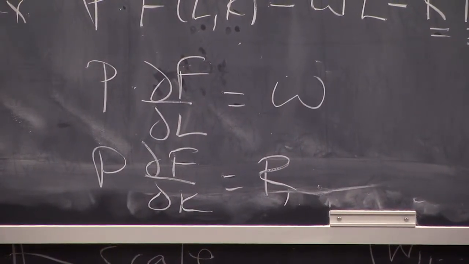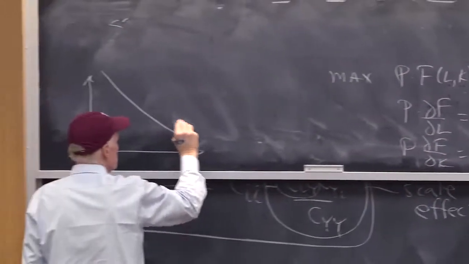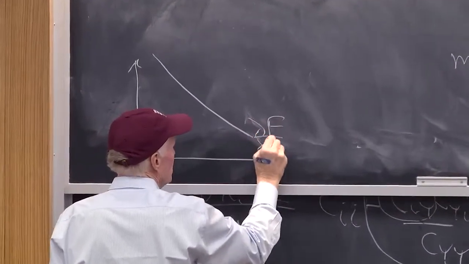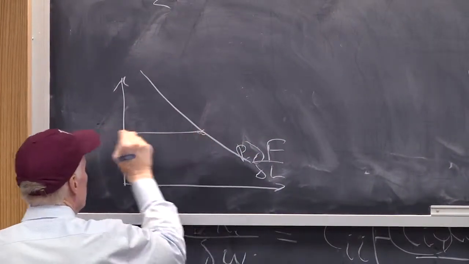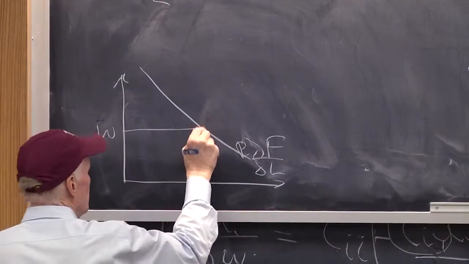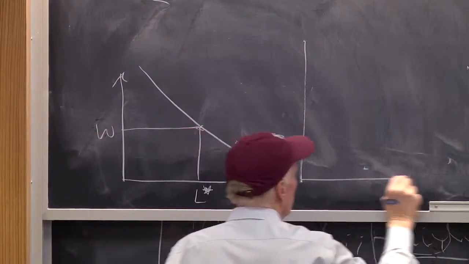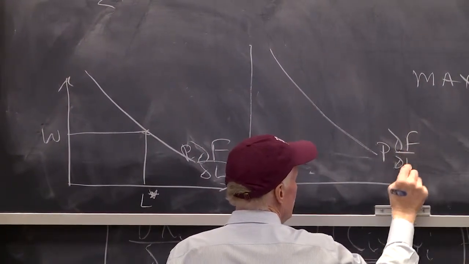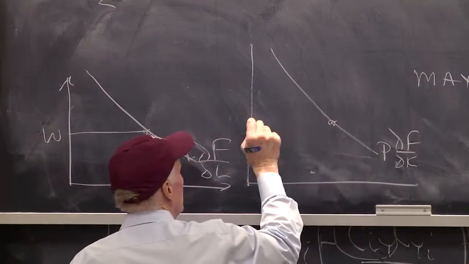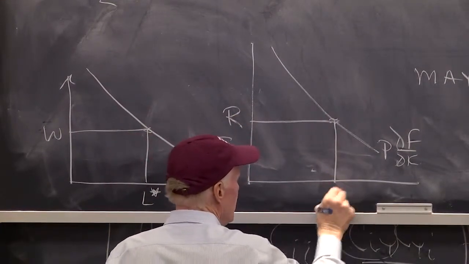Right? And you could think about those in terms of these two equations. P partial F partial L at L star equals W, where L star is the equilibrium level of labor, and P partial F partial K at K star equals R, where K star is the equilibrium level of capital.